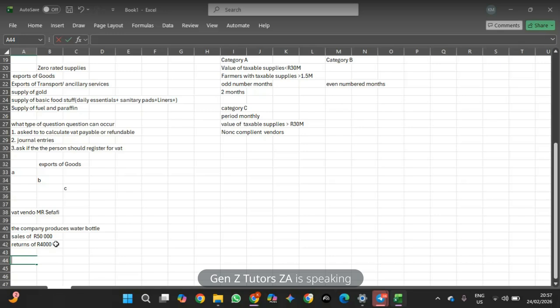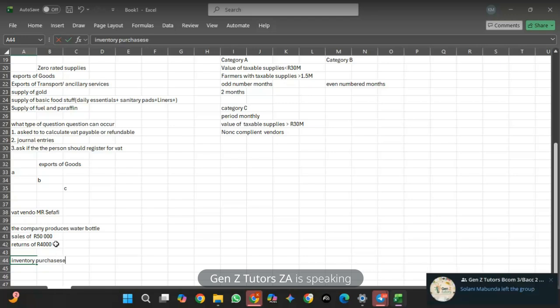So cost of sales is irrelevant to our situation when it comes to VAT. What matters is the sales themselves, and then maybe the inventory purchases that we might have at that point in time.